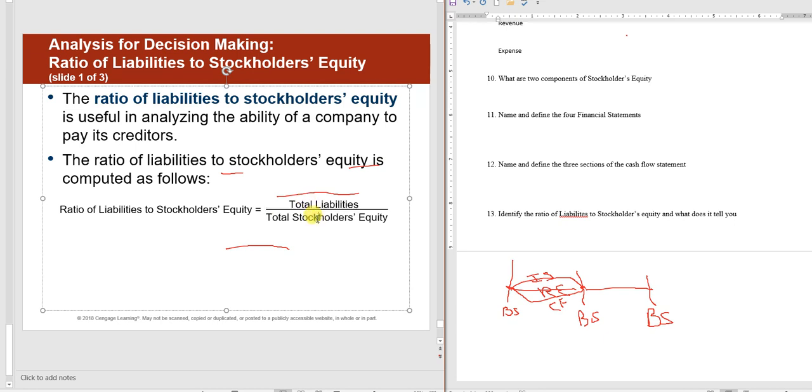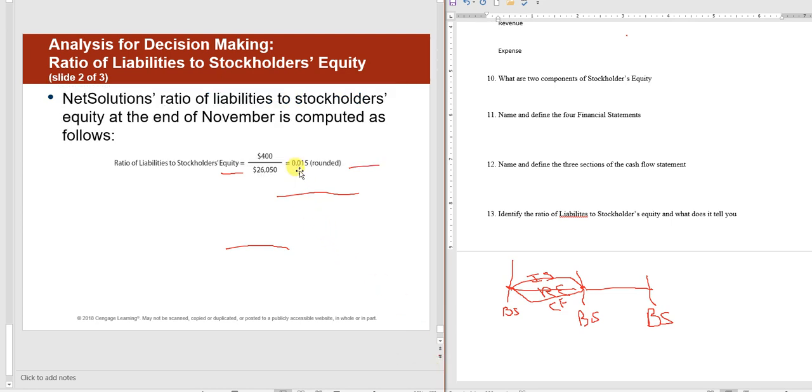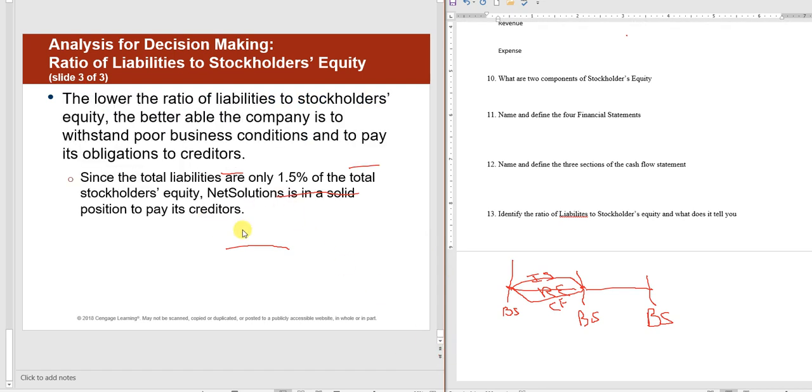If you have more stockholders' equity, your denominator will be higher, so it'll be less than 1. In this case, they have a lot more equity than liabilities, so 0.015. They have very little debt relative to their equity, so you can see that they're in a very good position to pay their creditors. And that's it.